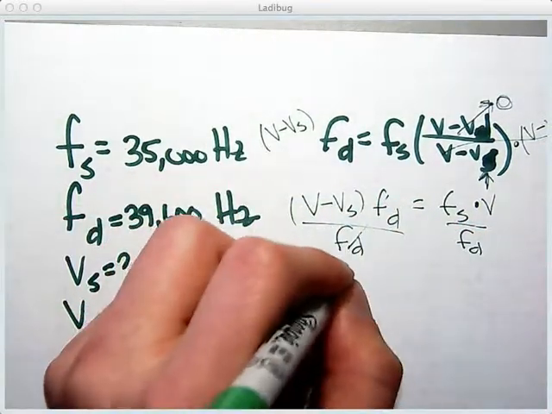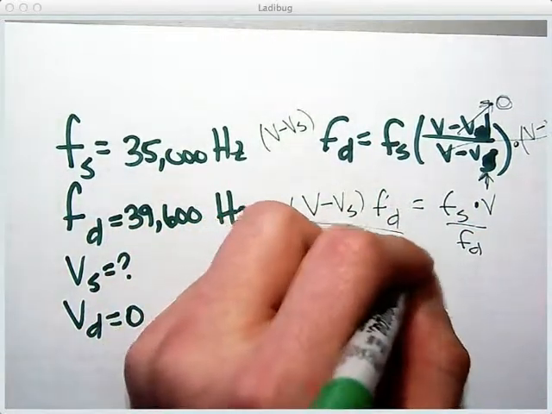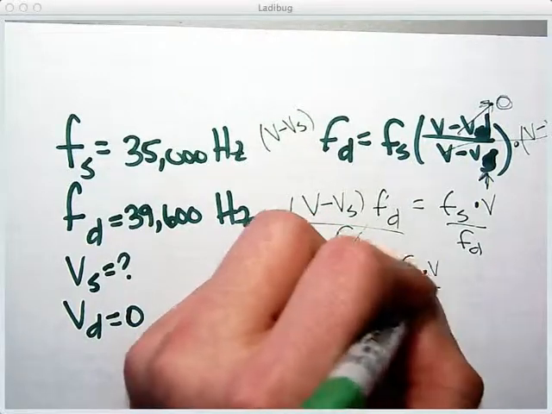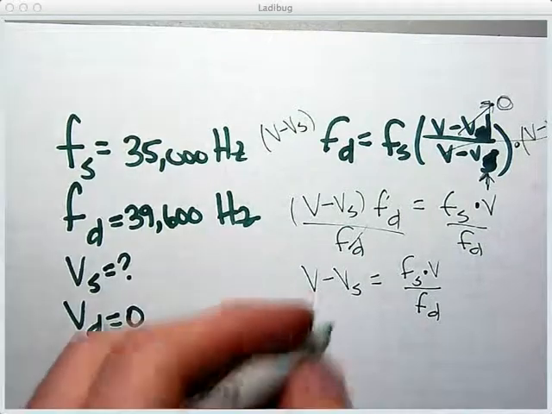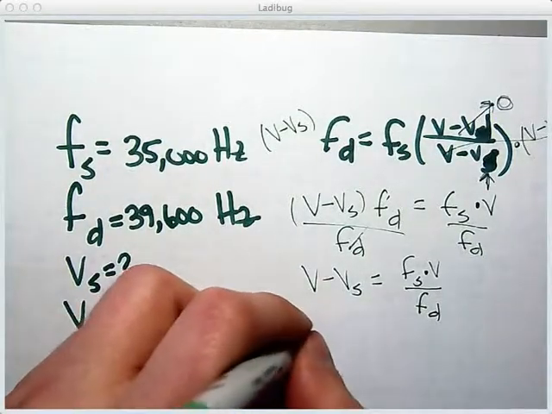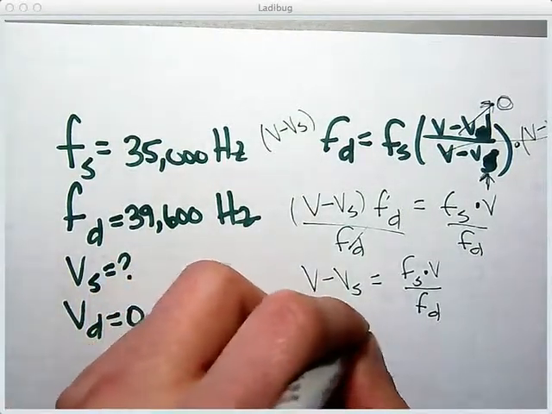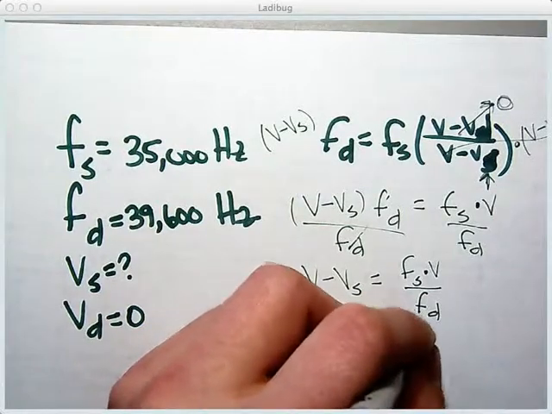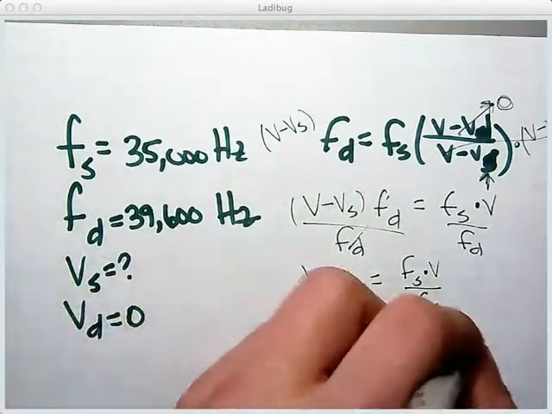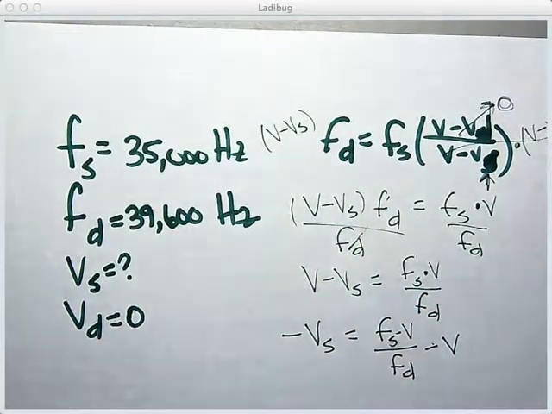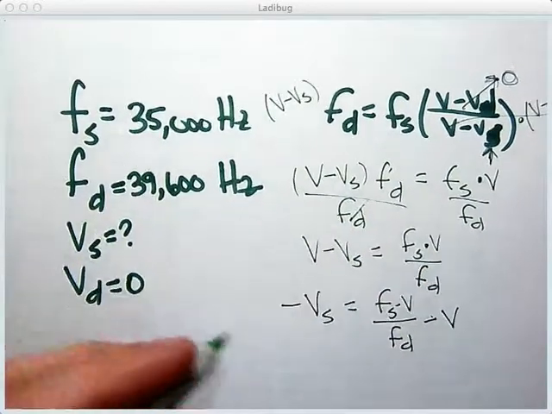So V minus VS equals FS times V over FD. Subtract V from both sides. And then take the whole thing and switch it because that's negative.